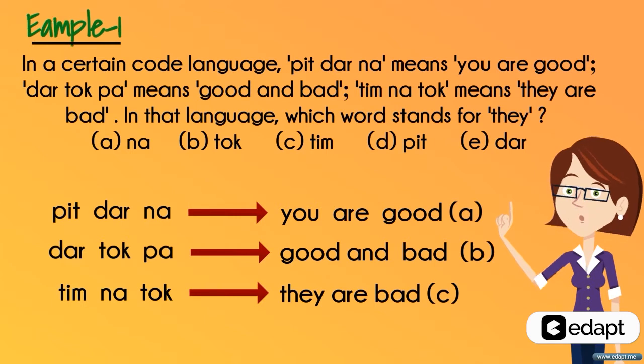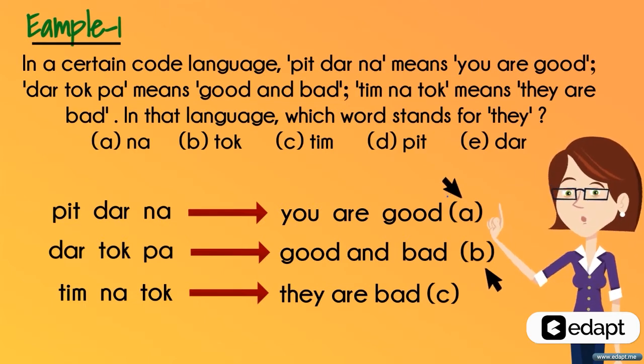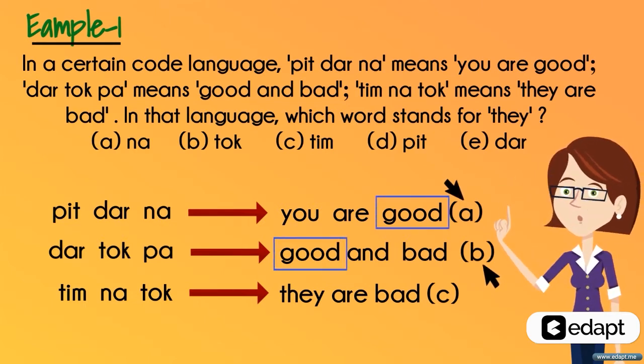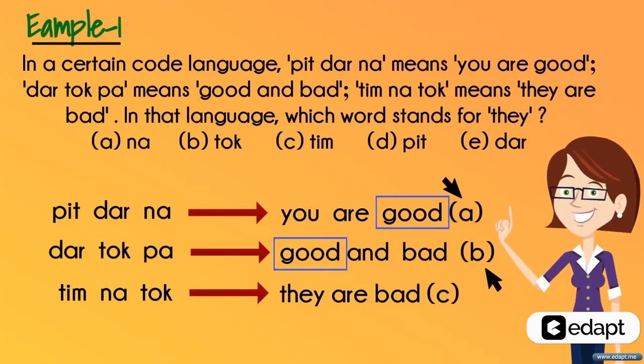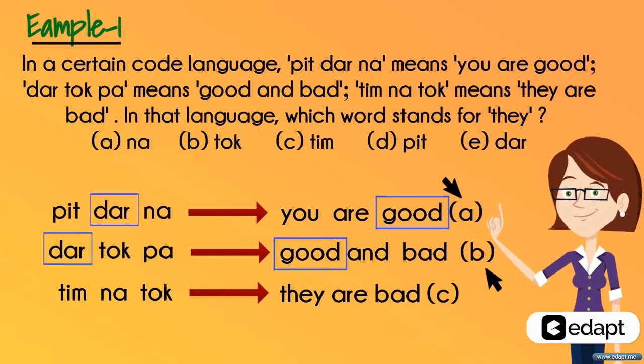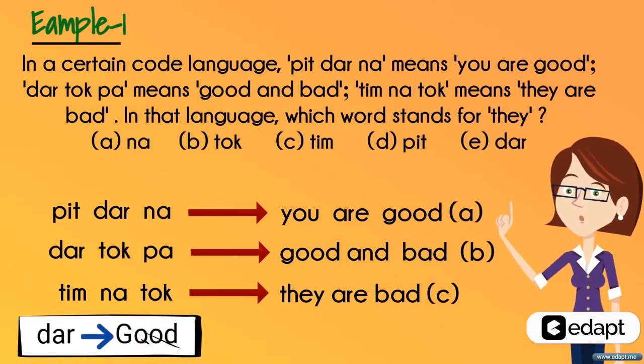In this example, we will first choose phrases A and B, which have the common word good in them. Now, we will analyze the codes and find the same code word in both. Here, we see that the word dar is present in both the codes.